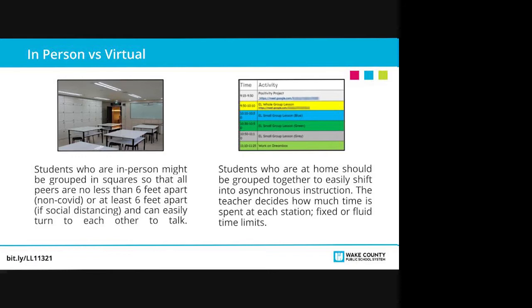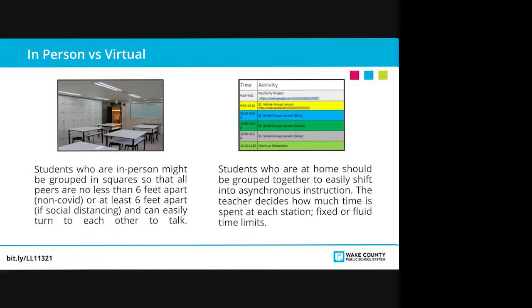But if we think about it, students who are in person might be grouped like in a square. If this were a non-COVID situation, those desks would probably be pretty close together so that they can actually collaborate and communicate and talk with each other.